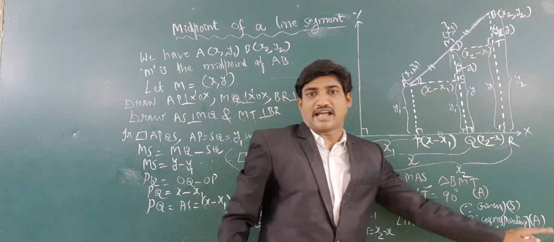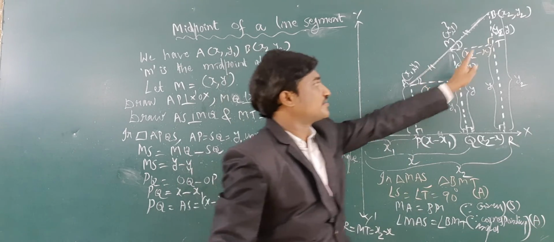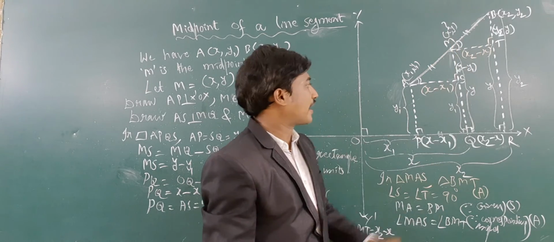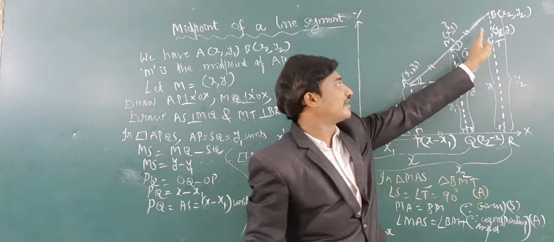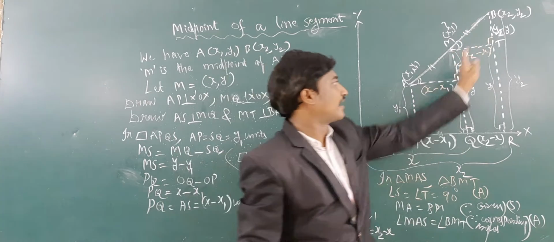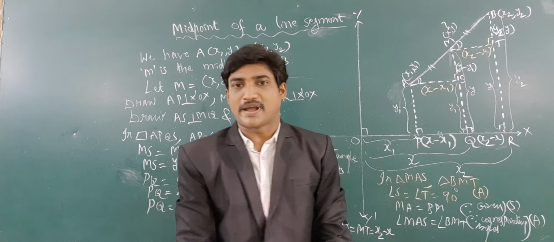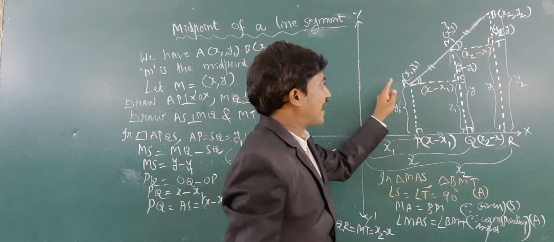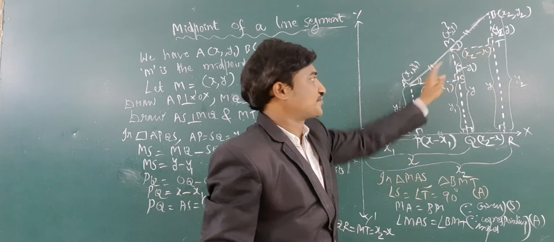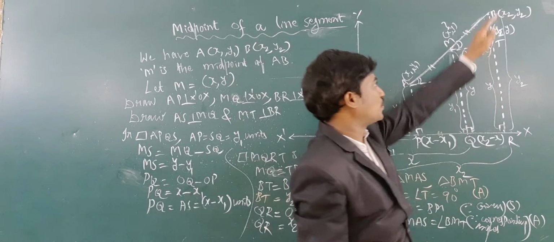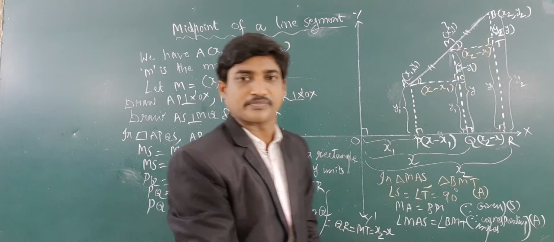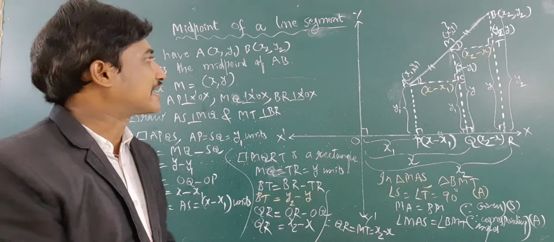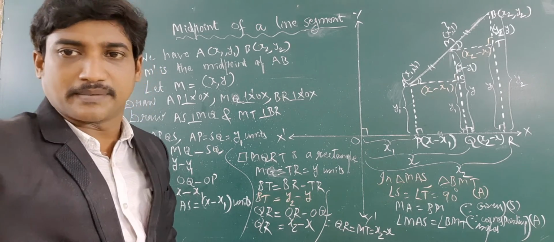Angle side angle: one angle is equal, one side is equal, and the other angle is equal. By ASA congruence, we can say triangle MAS is congruent to triangle BMT. This is very clear.